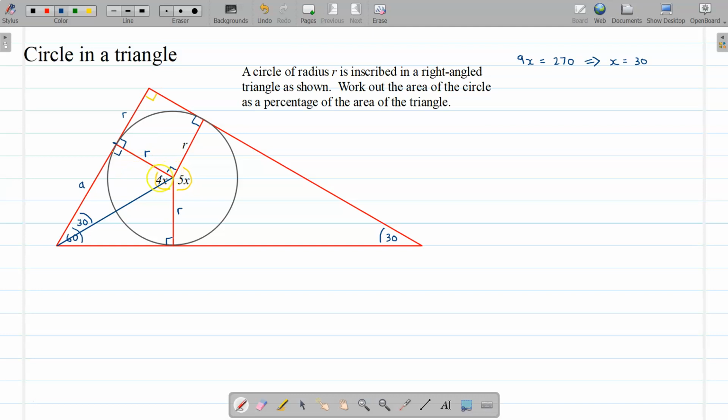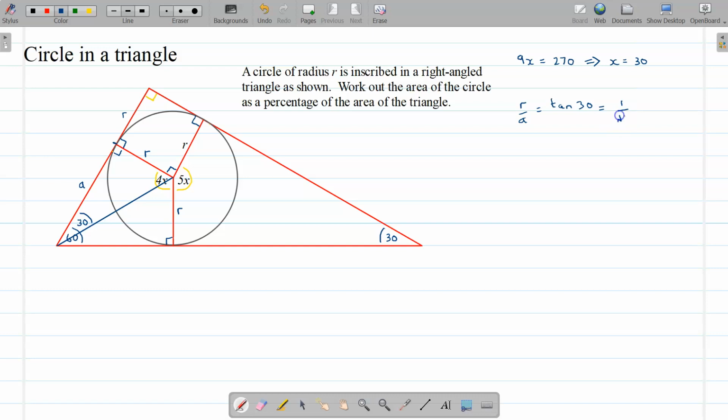So what I'm going to do now is say that r over A, that's opposite over adjacent, equals the tan of 30. And the tan of 30 is 1 over root 3.